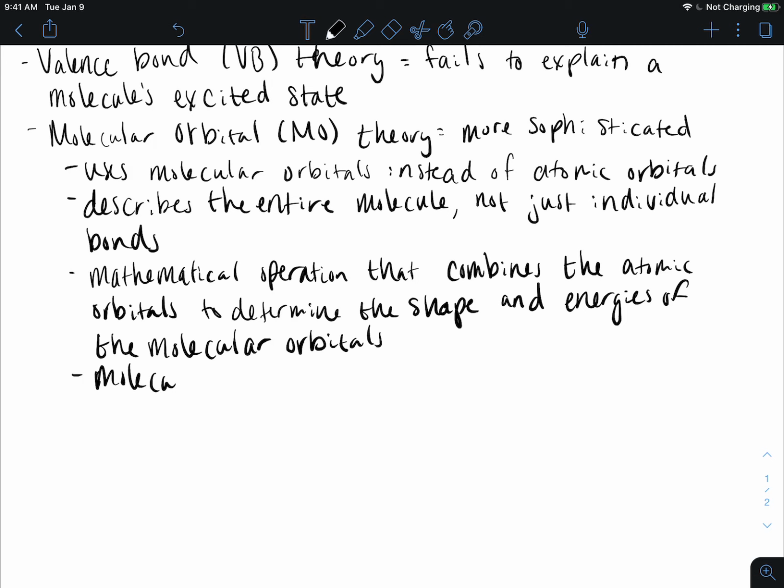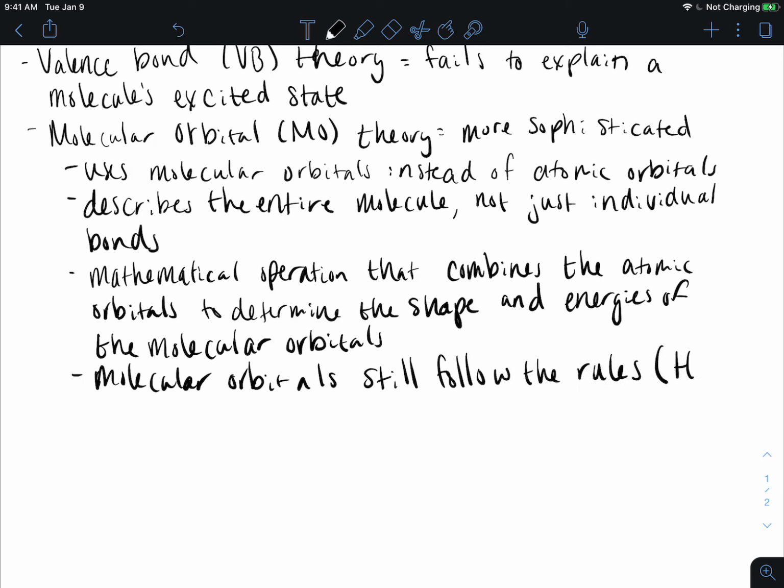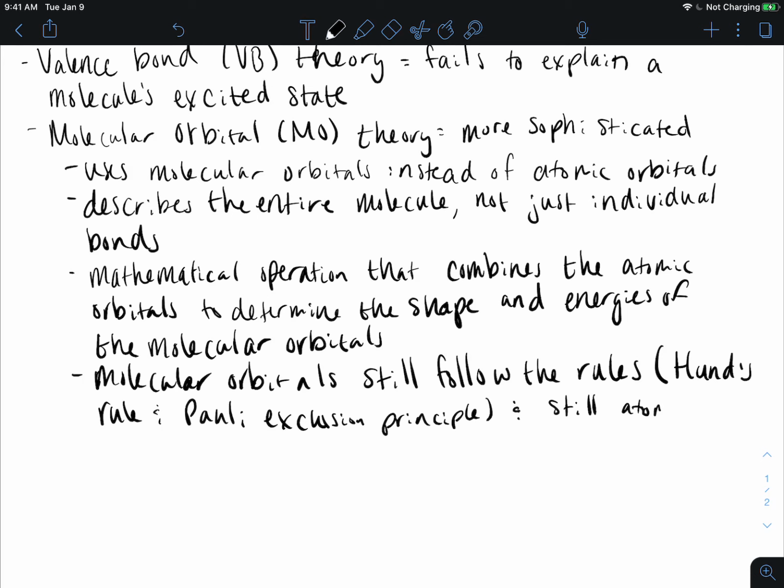So our molecular orbitals still follow the rules, specifically Hund's rule and Pauli exclusion principle, and still atomic orbitals in equals molecular orbitals out.